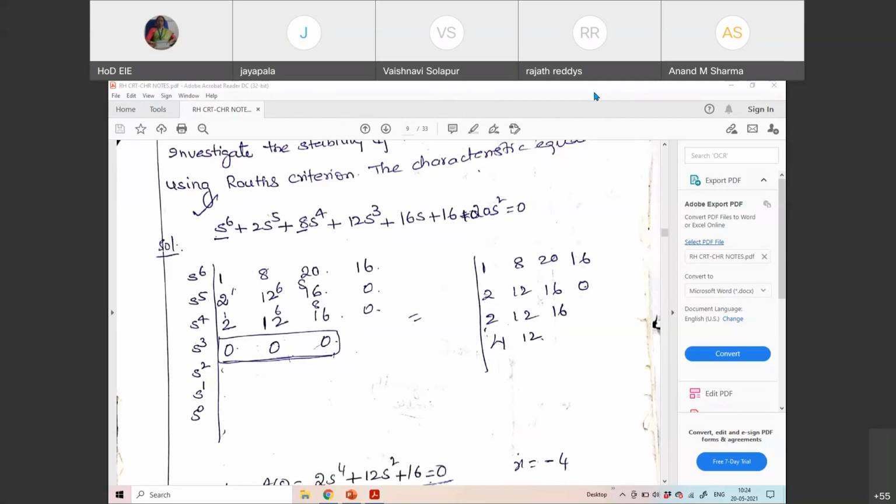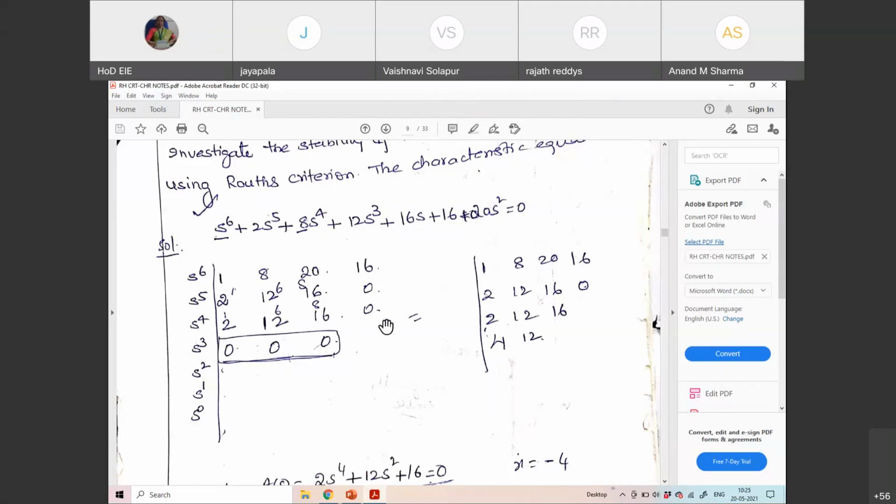Can I write it as s to the power of 4 plus 6s square plus 8 equal to 0? Okay, fine. So the auxiliary equation could be initially 2s to the power of 4 plus 12s square plus 16 equal to 0.